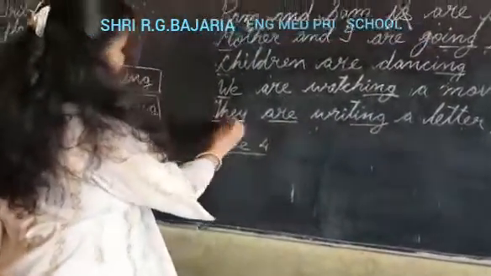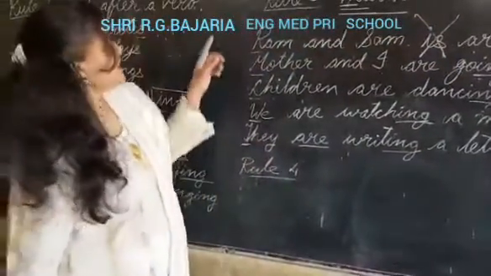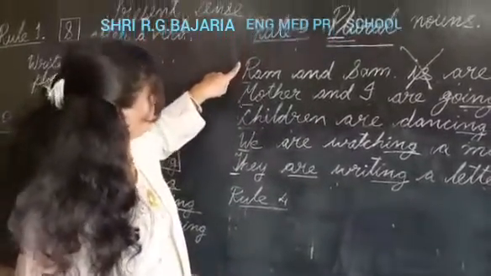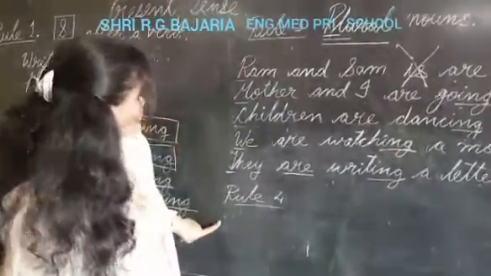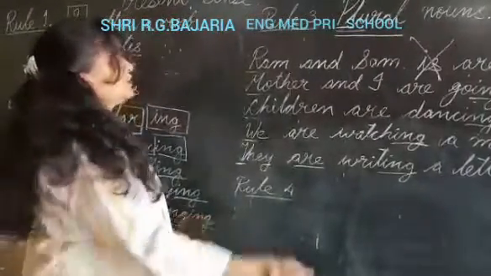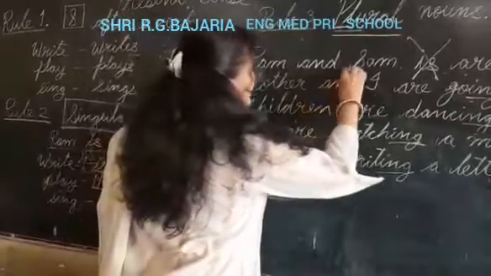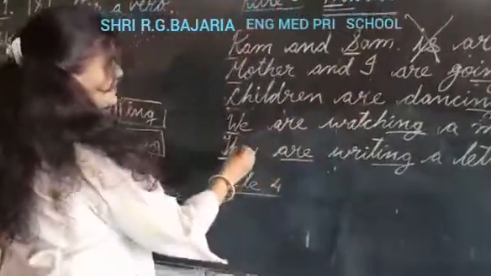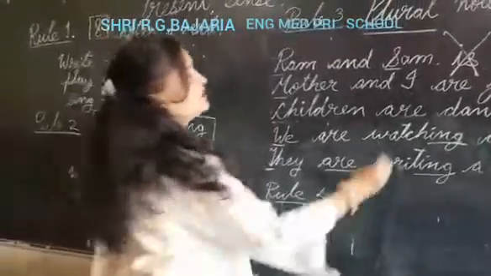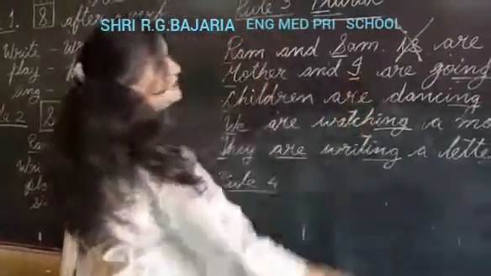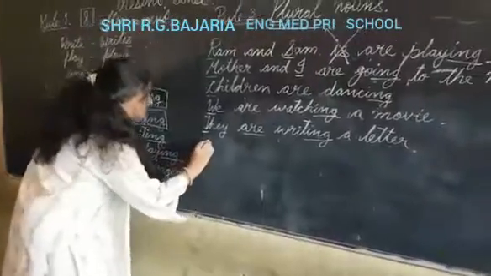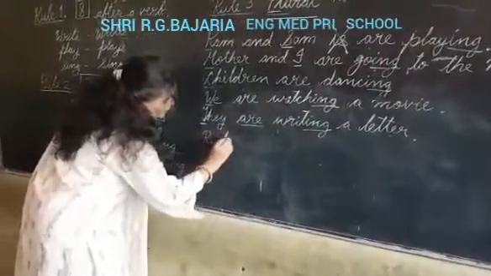Now, dear students, as I already told you, the first letter of all the sentences should be capital. But we also know that whenever we write a proper noun, we write the first letter capital. Whenever we write I as a single person, we also do. Let us do rule 4.